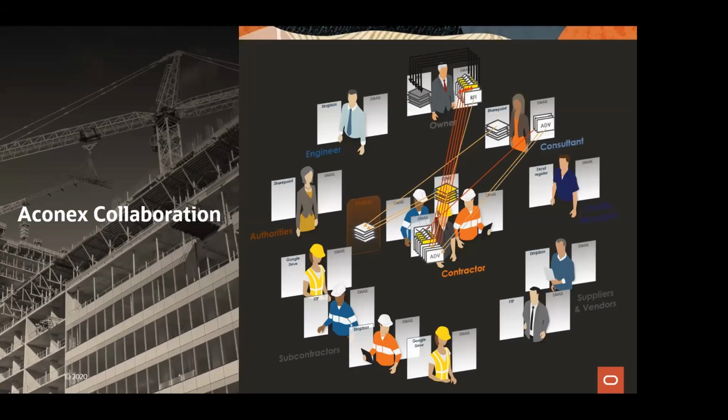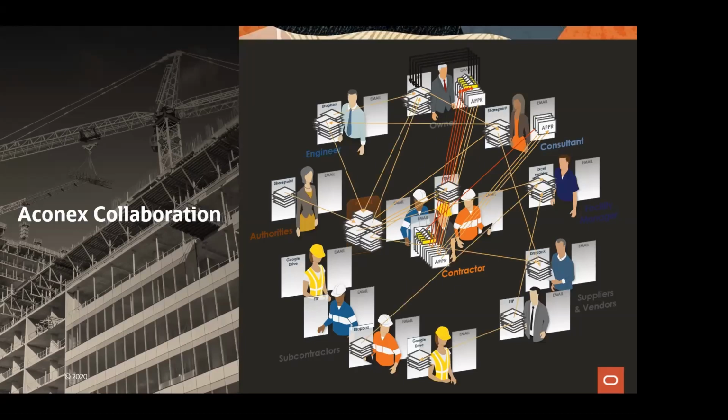So you'll have the owner, you'll have the contractor, you'll have the various consultants. And so if you don't have a common collaboration platform, then you end up with a mess of contractual information that is floating around. People could be using Google Drive, people could be using SharePoint, others could be using Dropbox, and eventually what you have is a mess, as you can see on the screen.